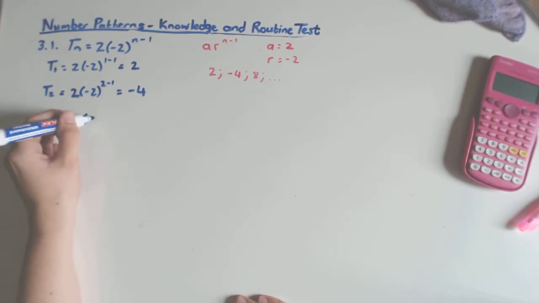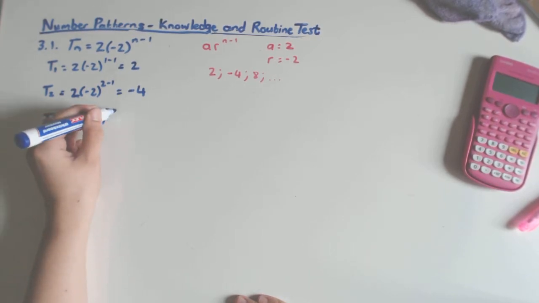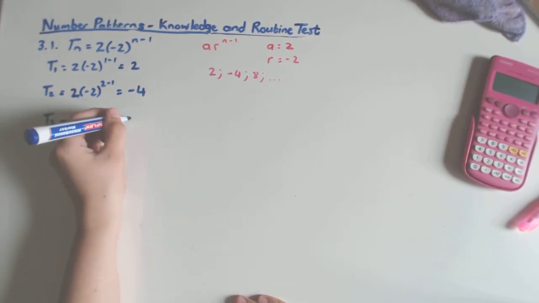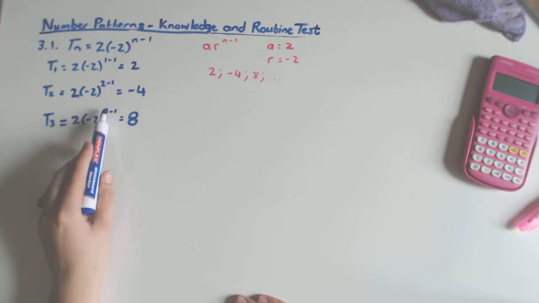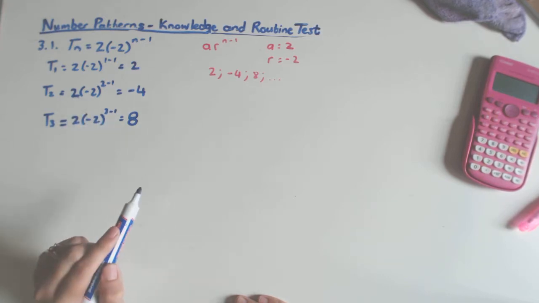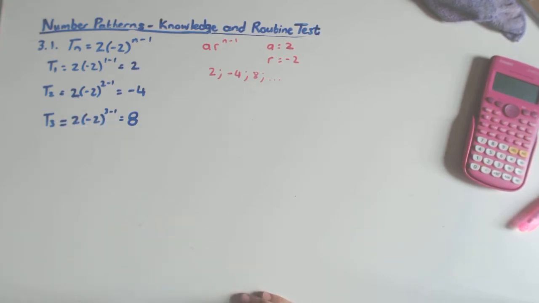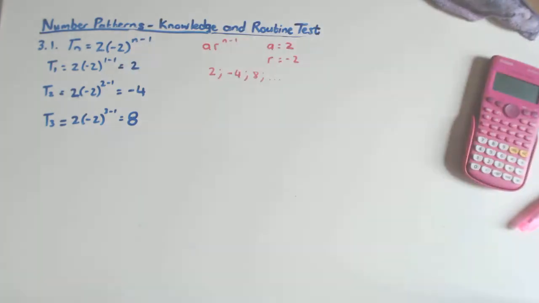And 2 times minus 2 to the power of 3 minus 1 is 8. This is 8. Minus 2 squared, which is 4 times 2 is 8. Alright, so you can work out the 3 terms like that, or you can just logical reasoning it like that.